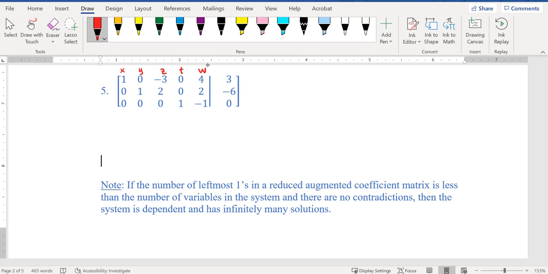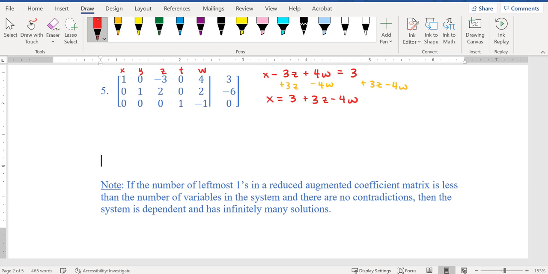All right, row 1 tells me that x minus 3z plus 4w is equal to 3. I want to get the x by itself. I'm going to add 3z and subtract 4w from both sides. My x in terms of the other variables equals 3 plus 3z minus 4w.